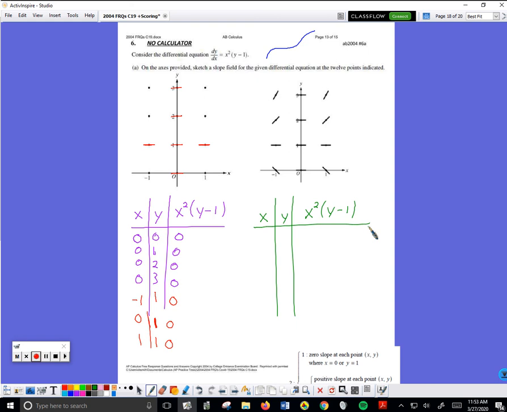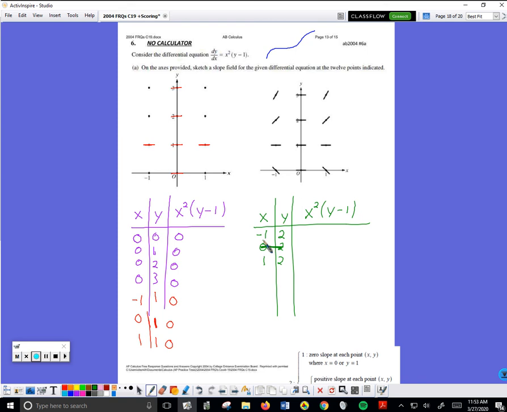Okay, next easy one I suppose would be when y is equal to 2. So when y is equal to 2, x could be negative 1, x could be 0, 1. This one I've already done. So when y is equal to 2, this will be 1. All it matters is what this is.